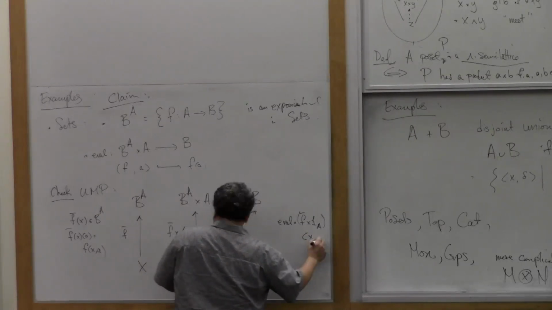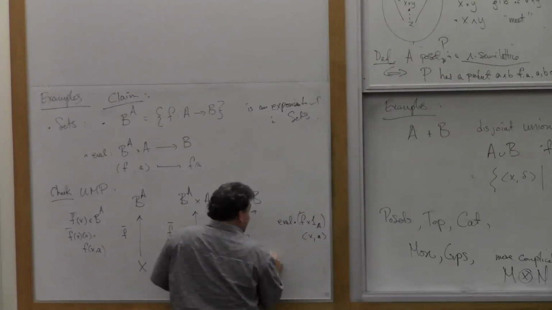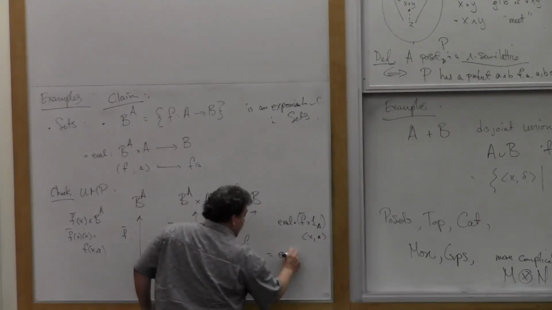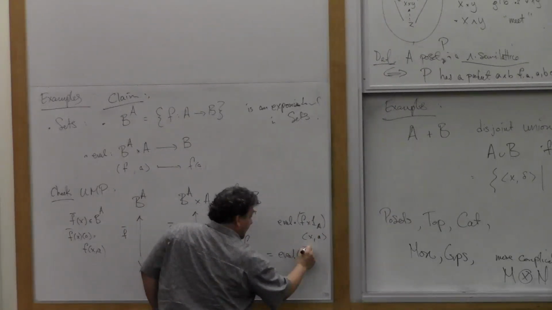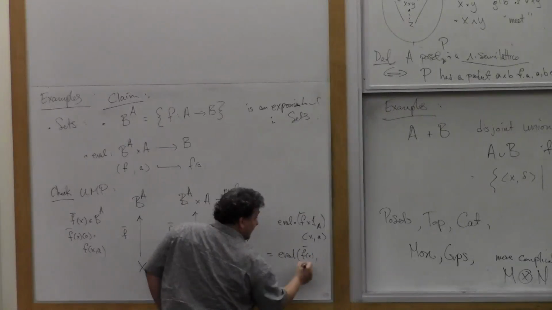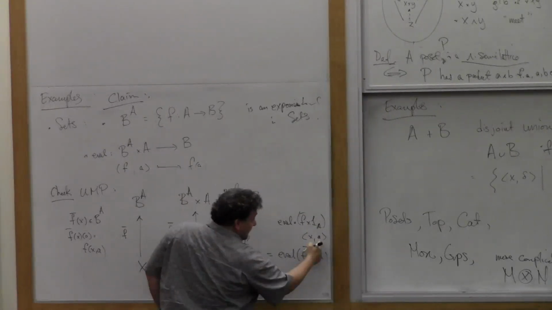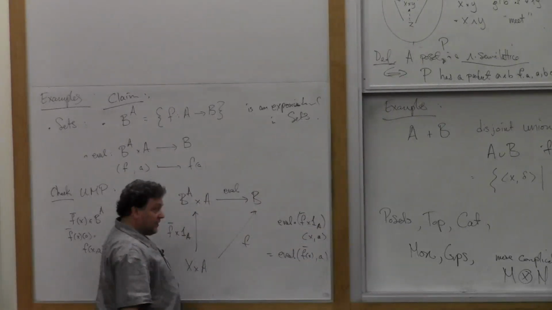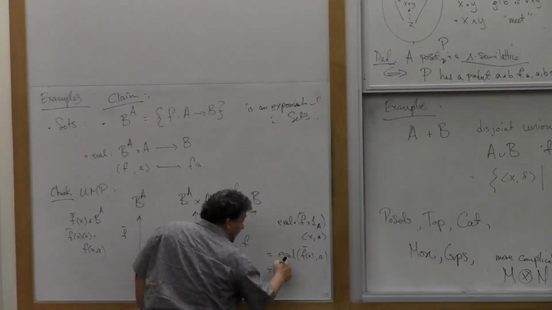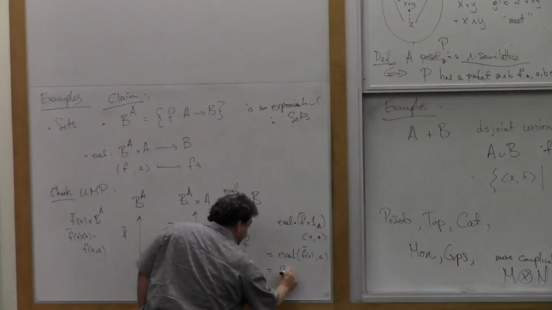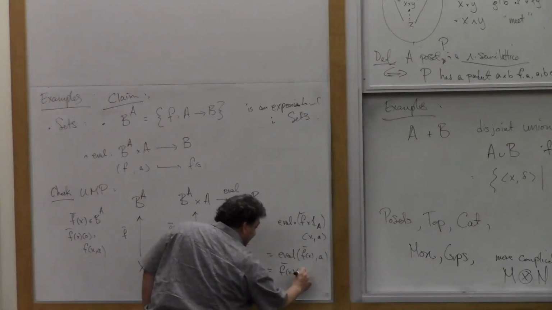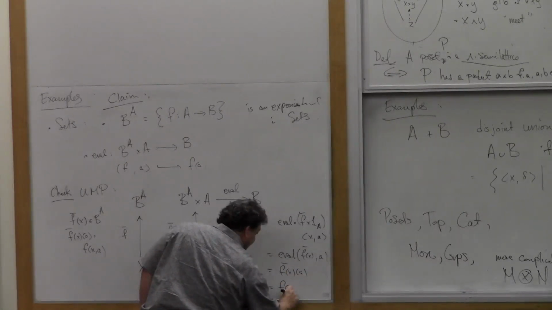That's going to be a pair x a. What does it give us? Well, first of all, I evaluate, and now I apply this thing. So that's f bar of x, and then here I just get a, because that's the identity function on a, right? And now the evaluation of f bar x at a is f bar x of a, which I already said is f of x a.